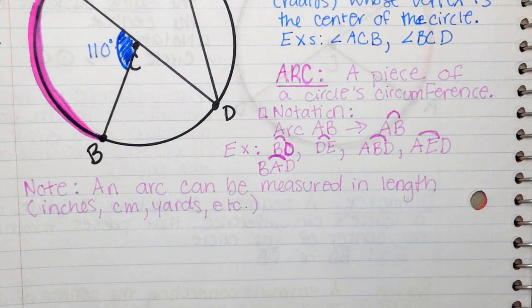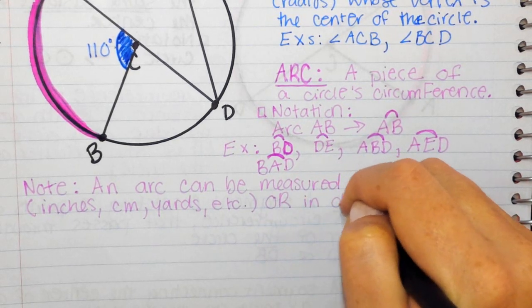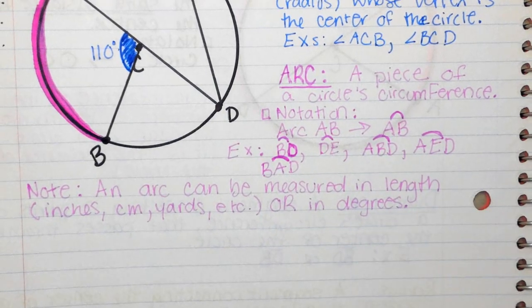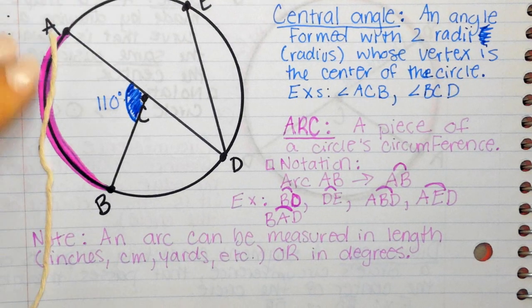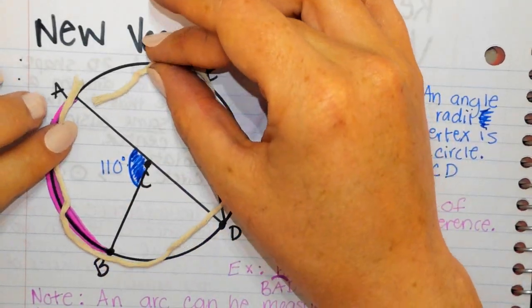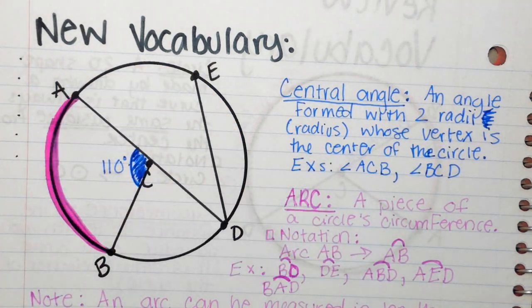So an arc can be measured in length or in degrees. We can talk about an arc in terms of length in the sense that, since an arc is a portion of a circle's circumference, this is the same string that I used before to measure out what that circumference would be.